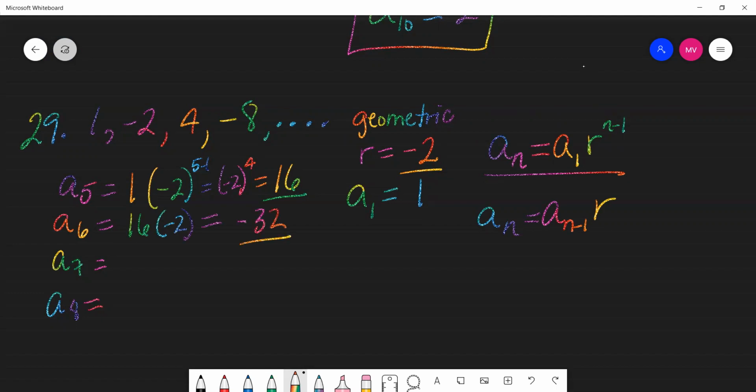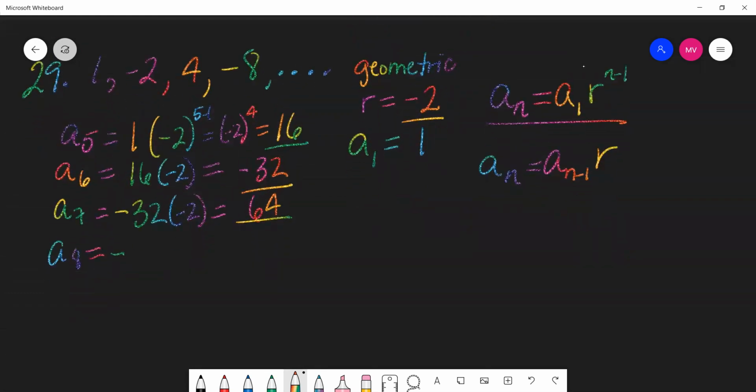Same thing for A7: the term at position 6, which is -32, times the ratio, -2, gives a positive 64. And lastly, for A8, we take the previous term, 64, not negative, times our ratio, -2, and we end up with -128. Then we have all of them.